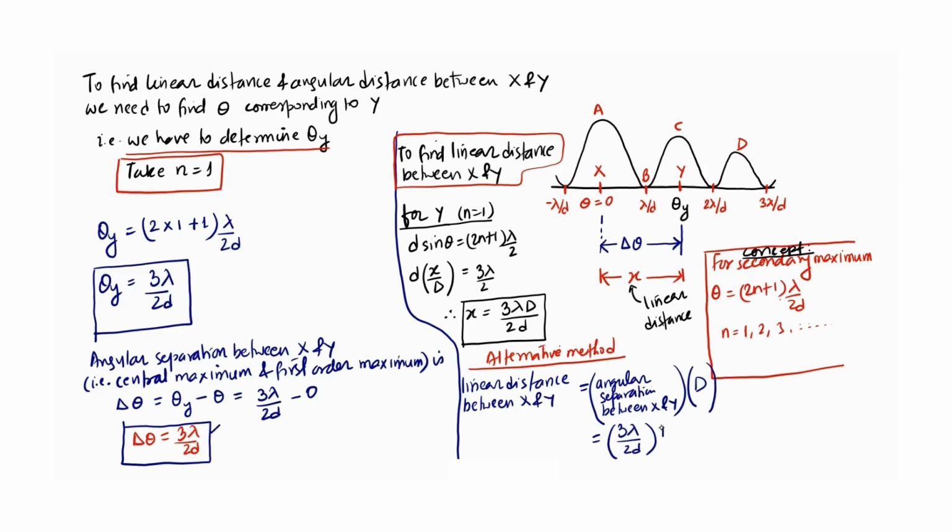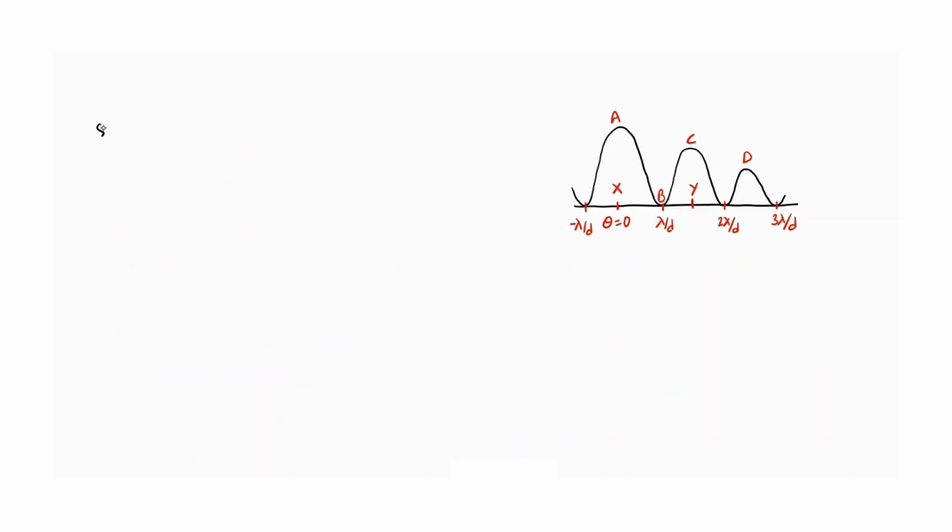So we have capital D. Therefore, linear distance equals 3 lambda D by twice d. So we can use this concept directly in order to find the linear distance between x and y. So we have this. So that is the solution for B.